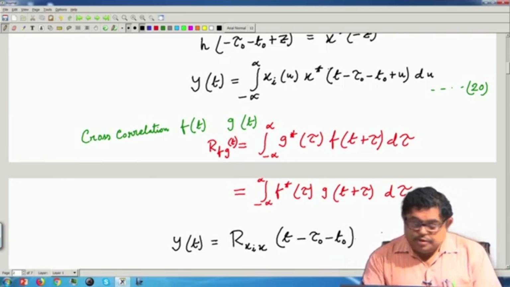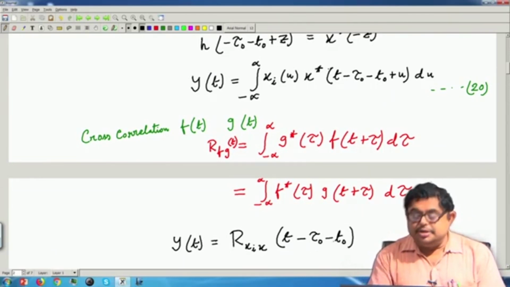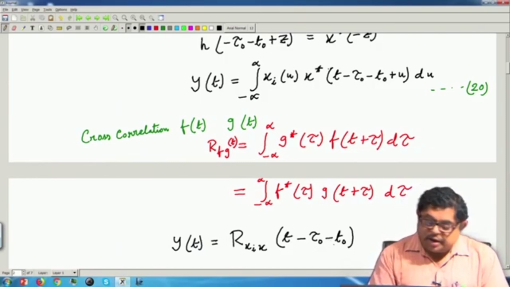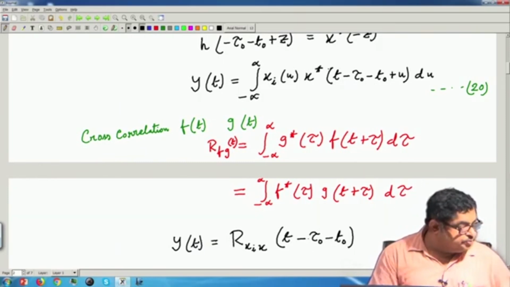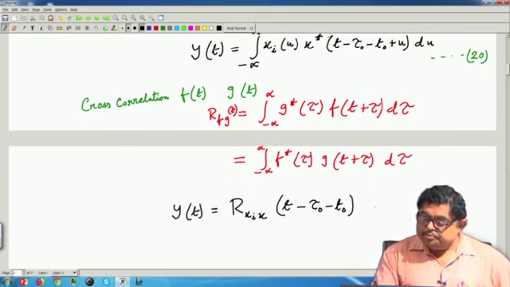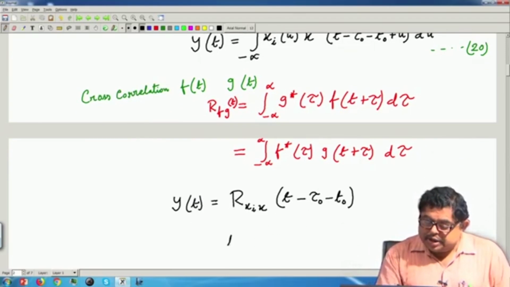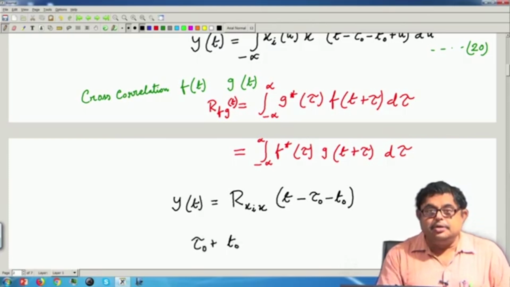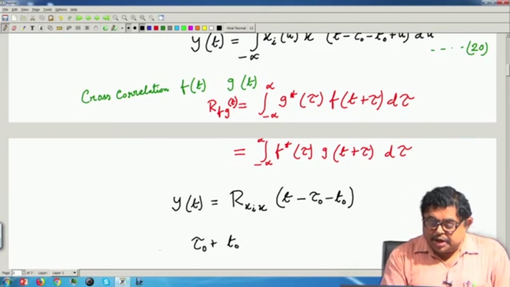Previously we have seen that we can combine these two and give that time a name, because t naught is the delay and tau naught is the causal thing, and T naught is the round trip time delay.